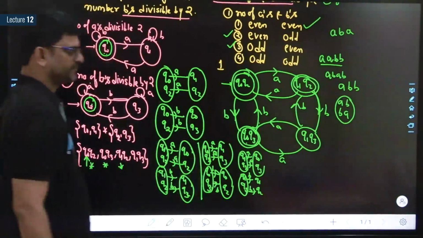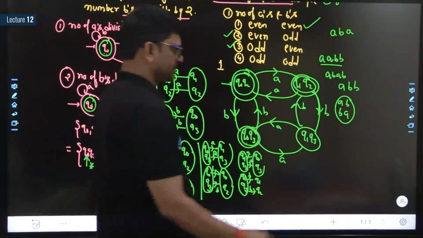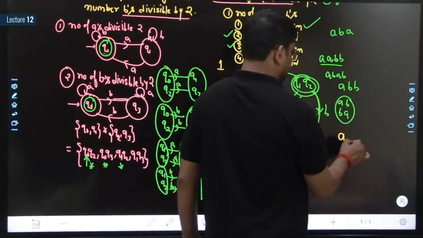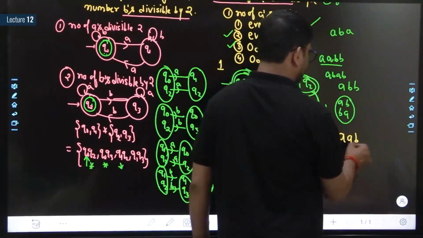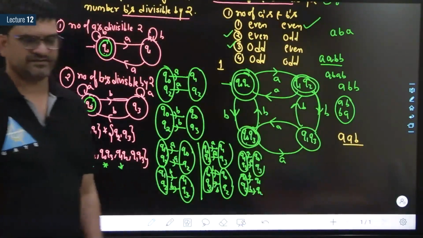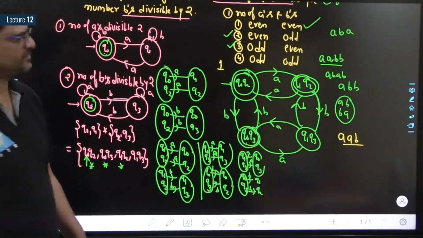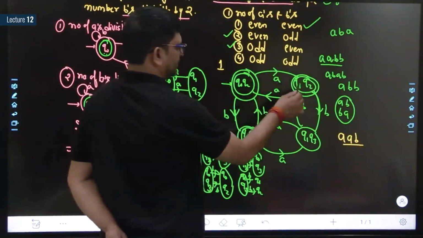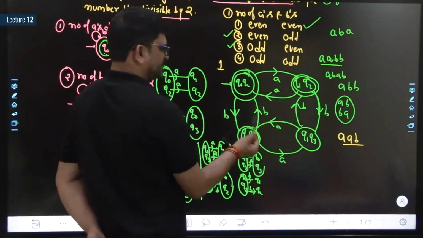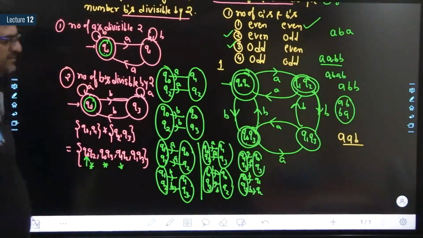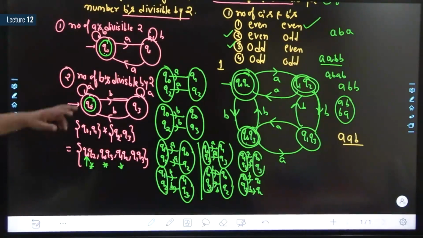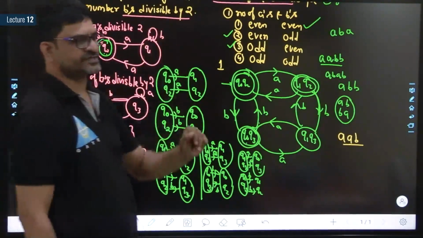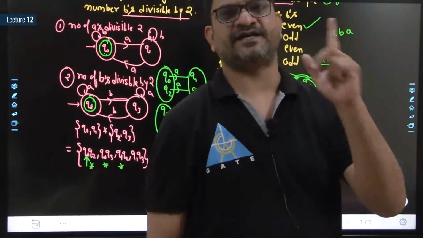Now check. AAB: number of A's are even, but number of B's are odd. AAB is accepted. Clear? This is the case when we use or instead of and.